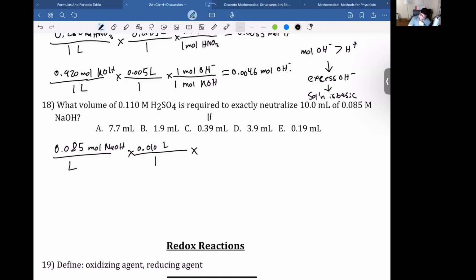Because if you write the equation out, you can see that we use two NaOHs for every one H2SO4. So we use stoichiometry: for every 2 moles of NaOH, I need 1 mole of H2SO4.